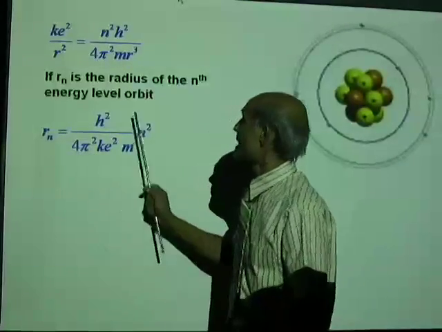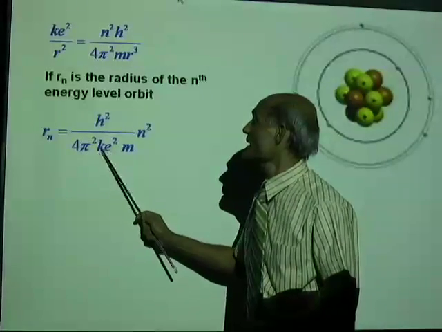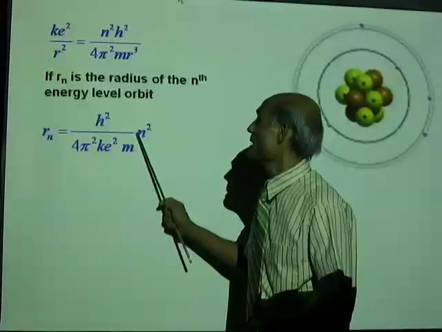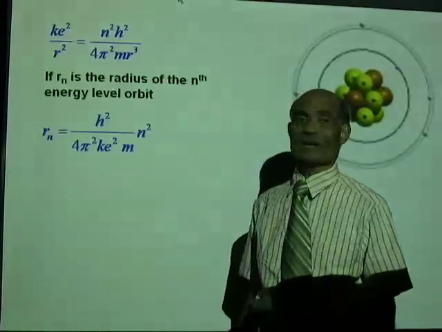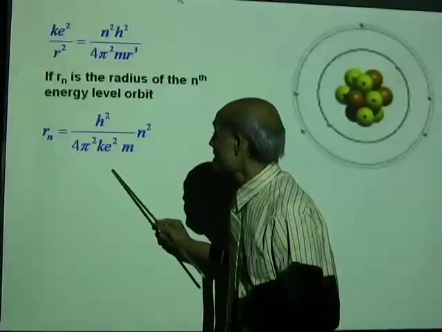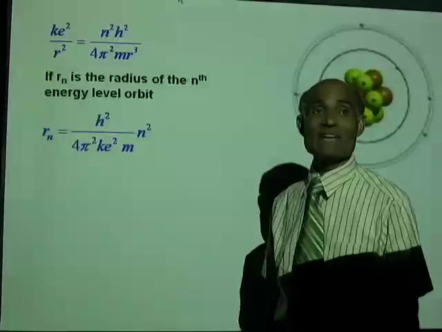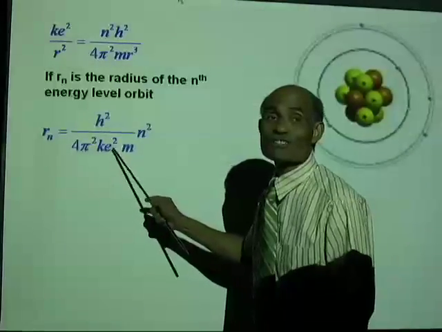Or I write it like this, h squared over 4 pi squared k e squared m times n squared. Alright, this is a constant. h squared over 4 pi squared k e squared m is a constant.